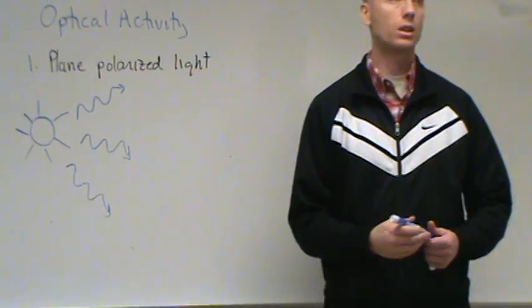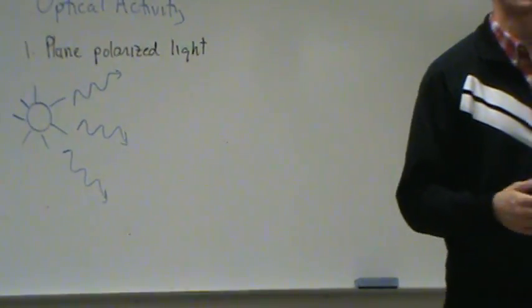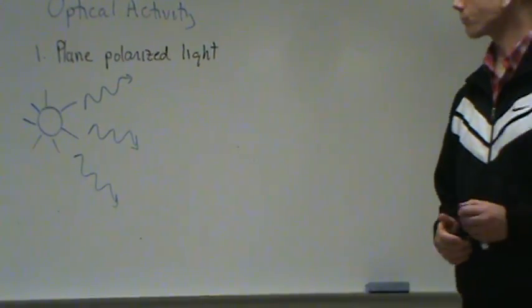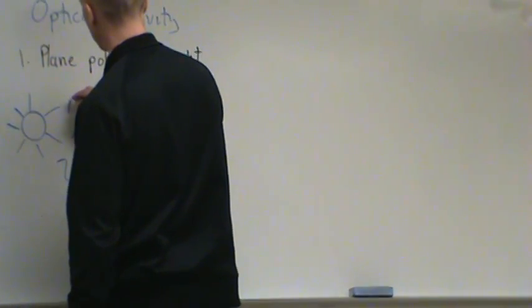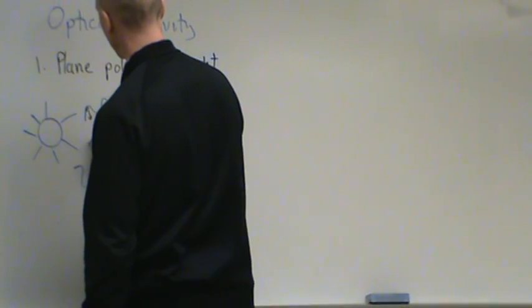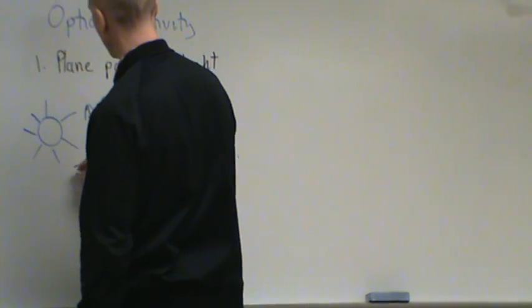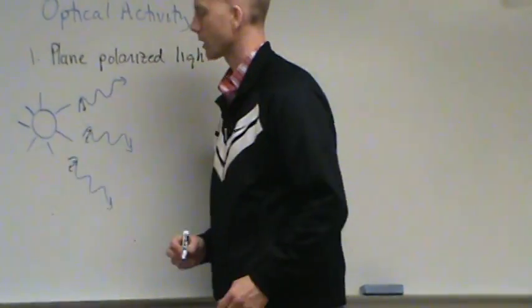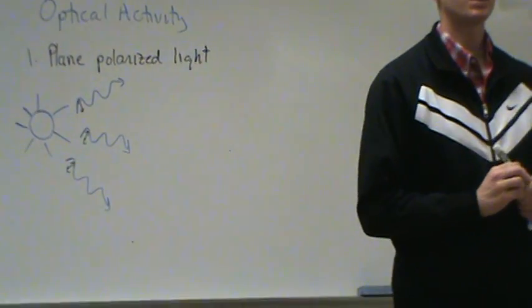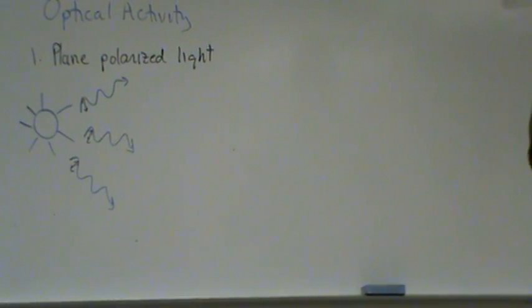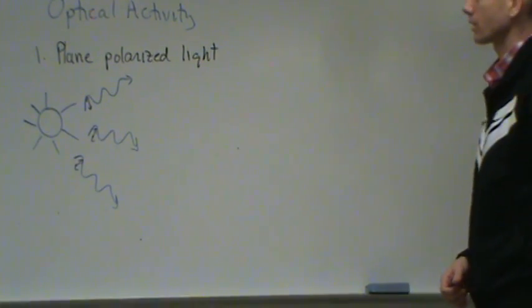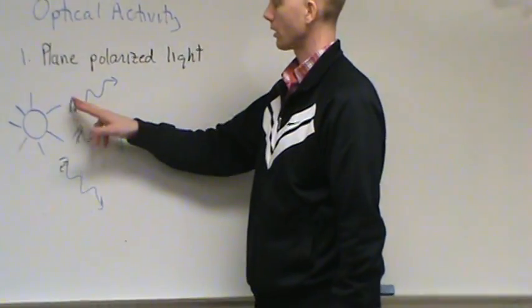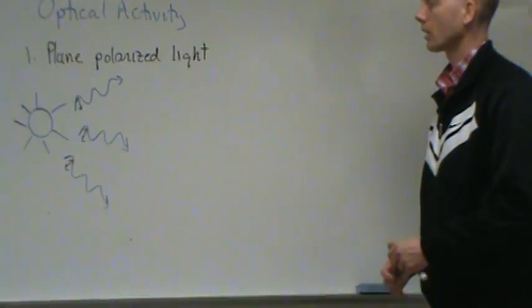They're coming off in random directions, and we can characterize each wave of light by this double arrow. What that's doing is depicting the plane of that light, the plane of the amplitude of that light.